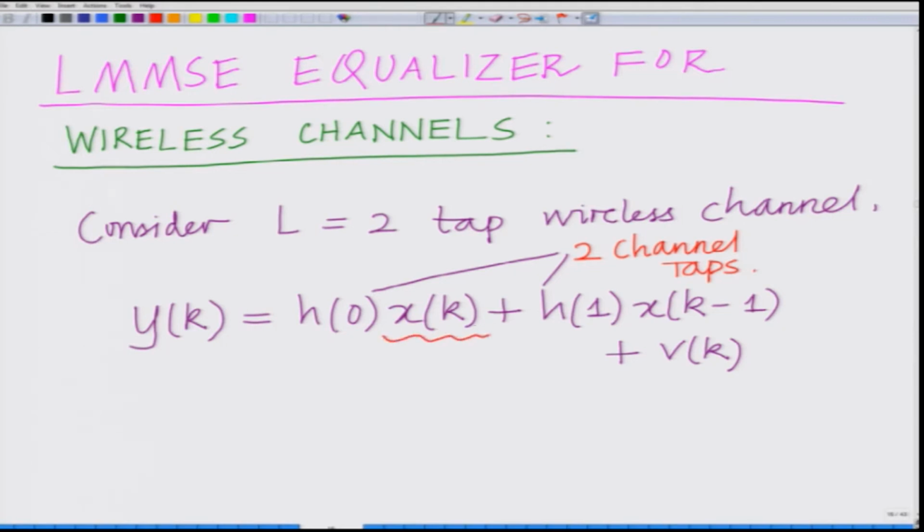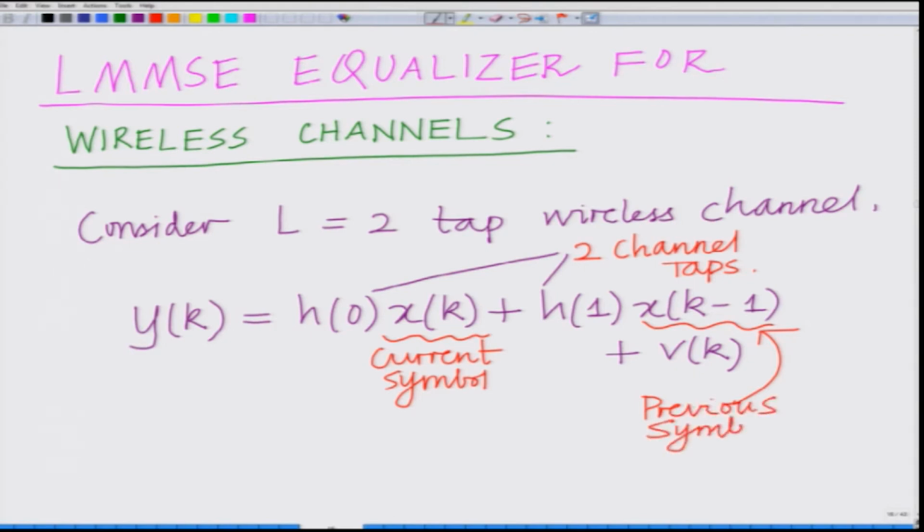Xk is the current symbol at time instant k. Xk minus 1 is the previous symbol from time instant k minus 1. So Xk minus 1 is causing interference to Xk.